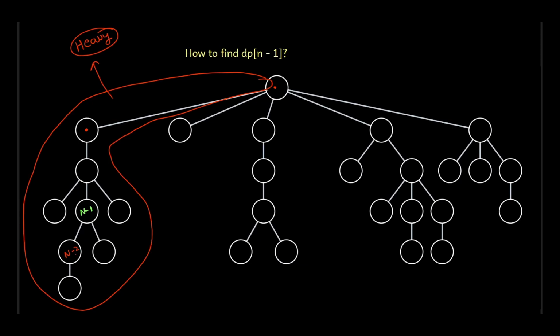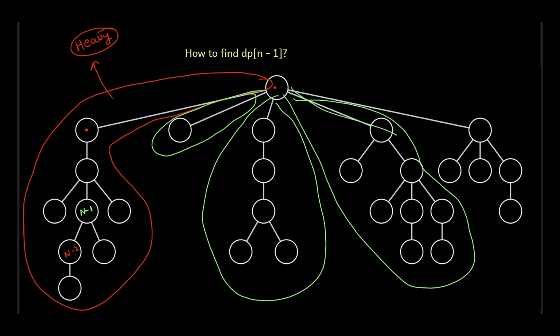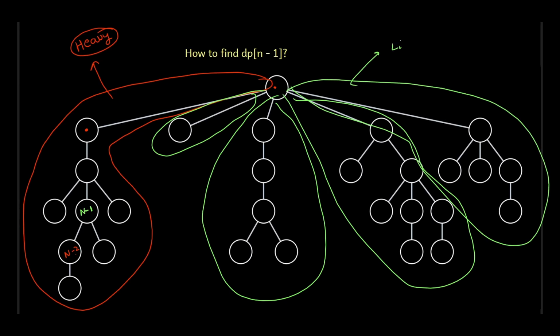So let's call all the nodes in all the other child branches the light nodes. So these are your light nodes. So when can n enter the set?